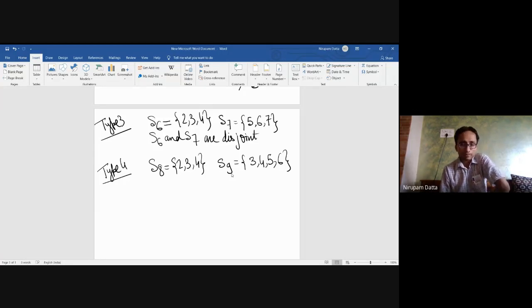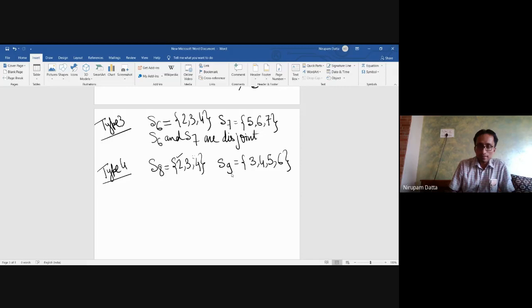Type 2 relationship. S8 contains at least one element, 2, which is not contained in S9. Look here.